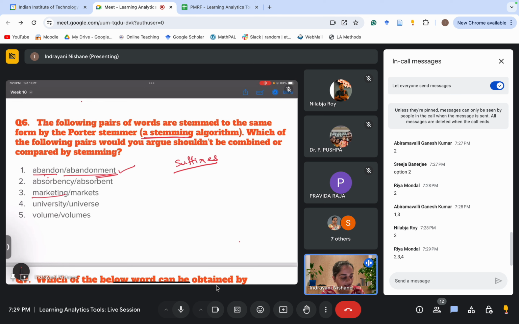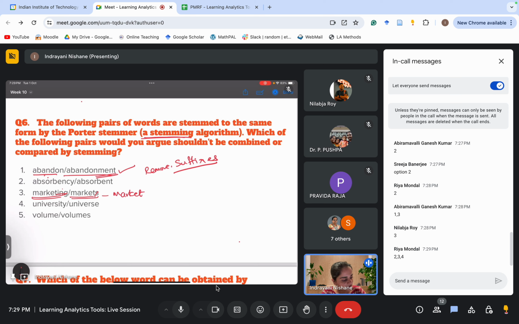I will come to option number 2 and option number 4 at the end. First let's get clear on options 1, 3 and 5. Marketing and markets. If we remove the suffix, markets becomes market, and in marketing the ing will be removed, so it will also become market.